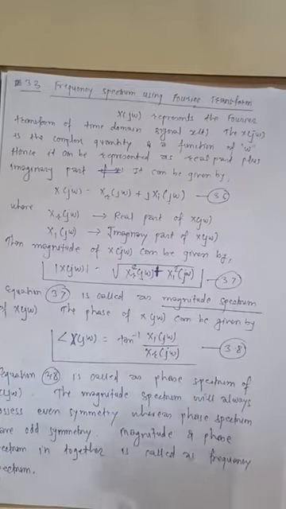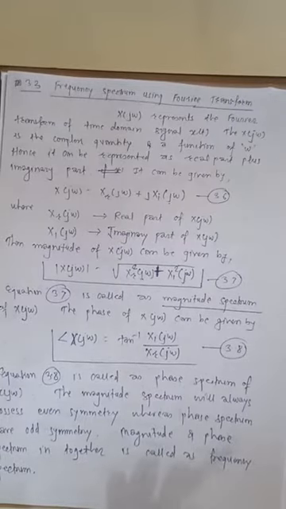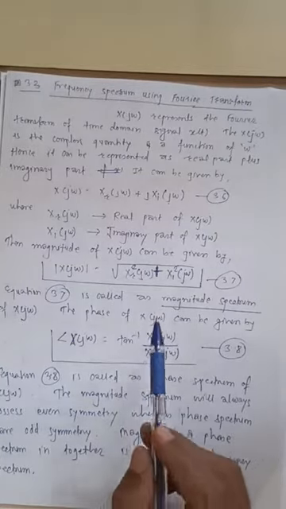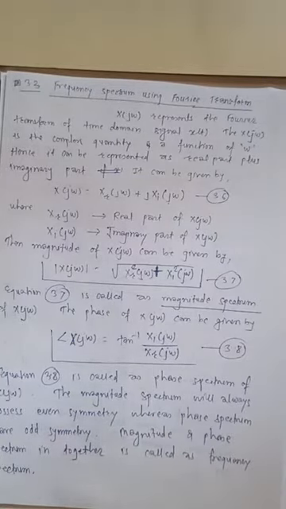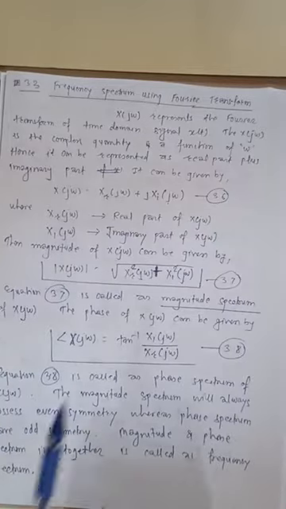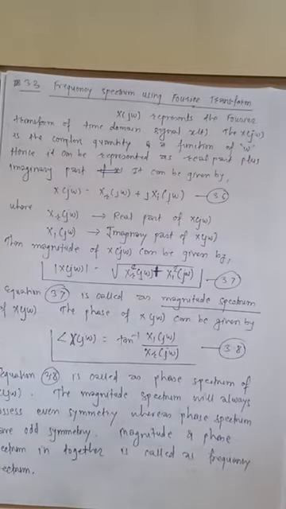If the signal x of t is real, that means no complex part, the magnitude spectrum for the real signal always has even symmetry, whereas the phase spectrum has odd symmetry. Just remember what I am saying.